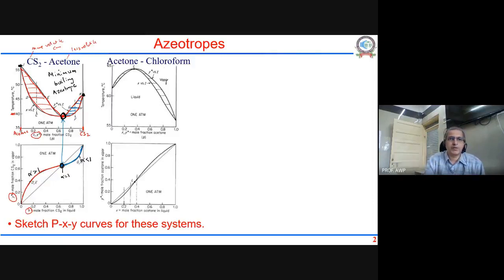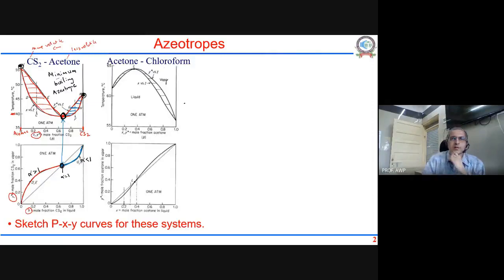The temperature of the azeotrope is lower than the individual components. It is the minimum temperature out of this whole range of composition, the lowest temperature. So it is called a minimum boiling azeotrope.